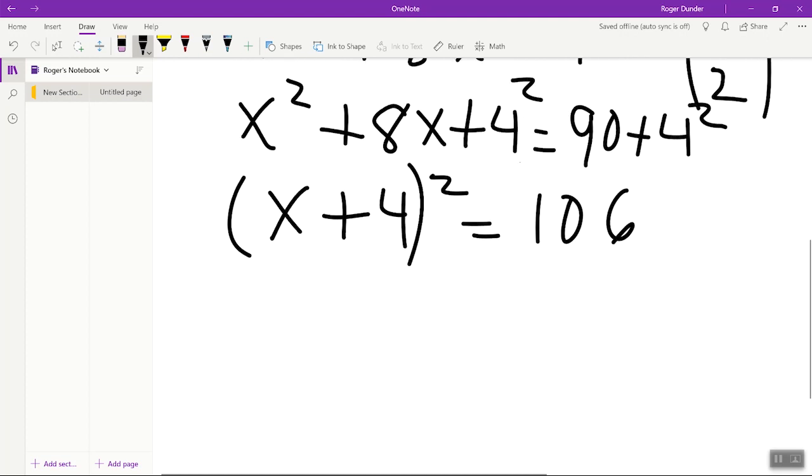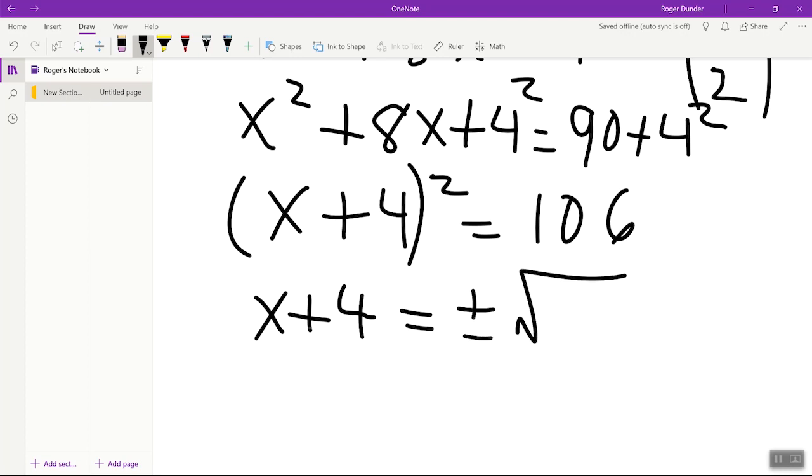Now I take the square root of the left and the right, and we get on the left x plus 4 is equal to the square root of 106, but we have to do plus or minus the square root of 106.